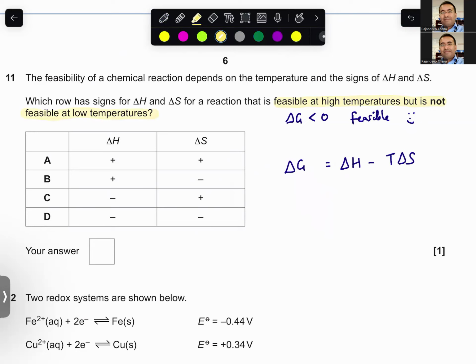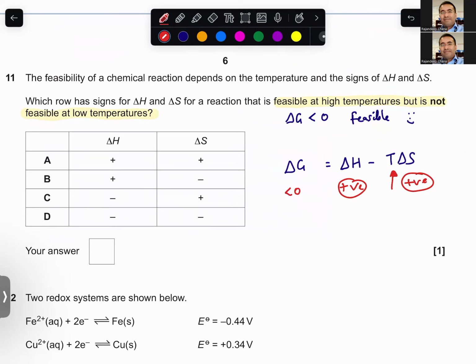You see, if delta H is positive, and delta S is positive as well. Now the thing is, at a high temperature, only at a high temperature will the magnitude of T delta S be greater than delta H. Only then delta G would be less than 0.